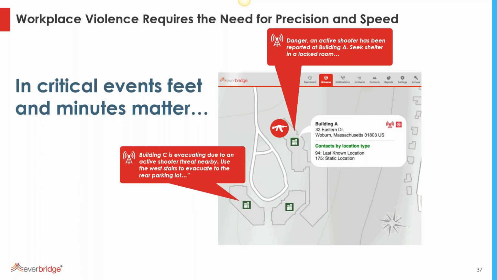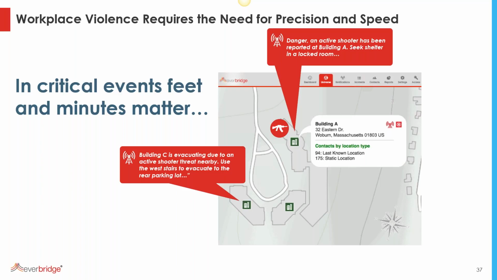If there is an active shooter in building A, I may need to communicate a message to my people in building C and ask them to immediately evacuate the building and go to the muster station. But people in building A need to receive a different message that tells them to avoid the north exit because that's where the active shooter is.